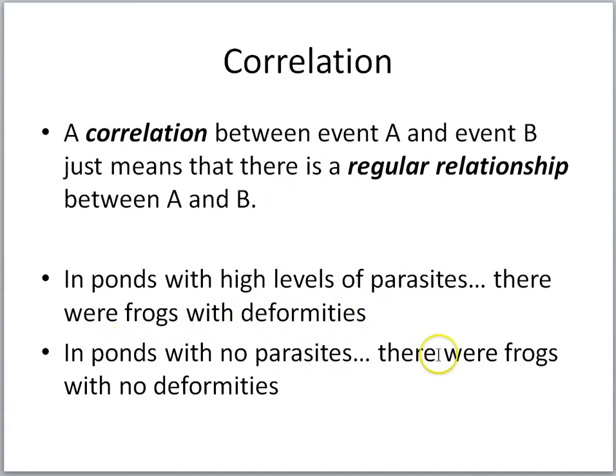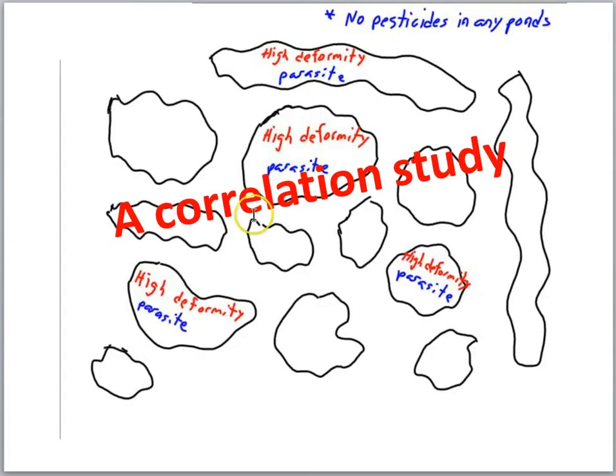In ponds with no parasites, there were frogs with no deformities. So the fact that you see parasites and deformed frogs in the same ponds, and you don't see the two occurring together in the other ponds, that's evidence of a correlation. That's a regular relationship between parasites and deformities. Now, you might be tempted to say that this is evidence that parasites are causing deformities, but we have to be careful here.